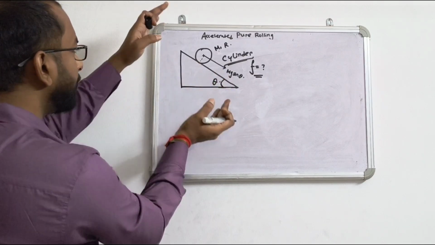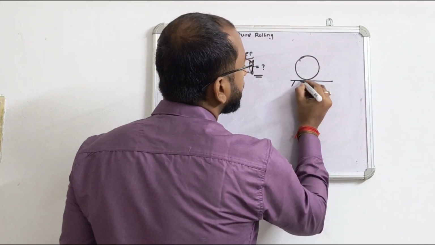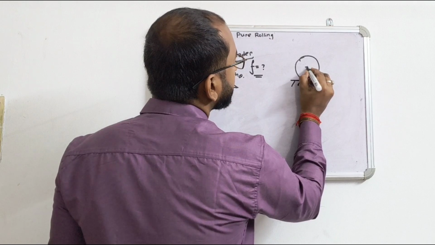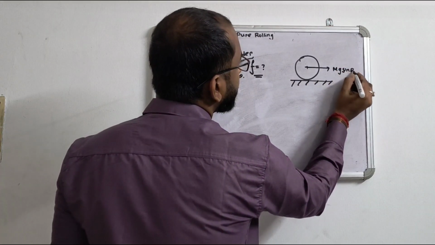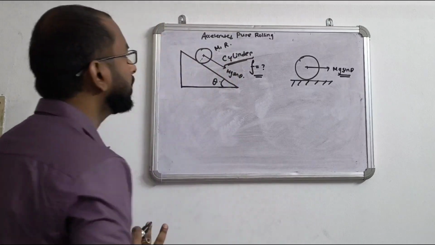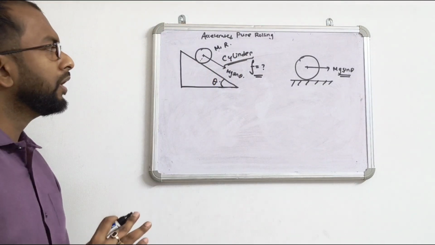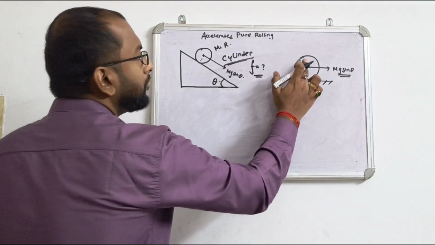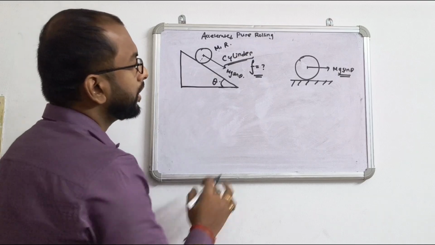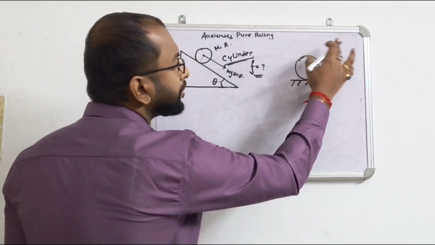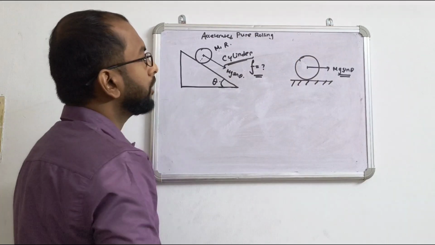So this, if you rotate and put it here, you will see that one constant force, that is mg sin theta, is applied at the center of the cylinder. You have seen in the example we have talked that if some force is applied at the center of the cylinder, this is not providing any torque for the cylinder to rotate in the forward direction.